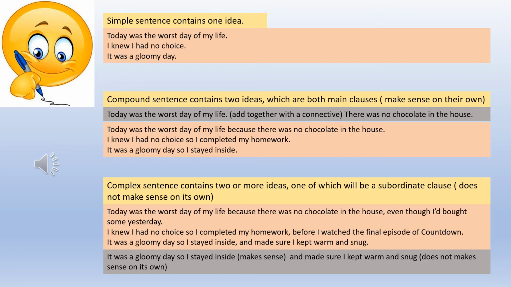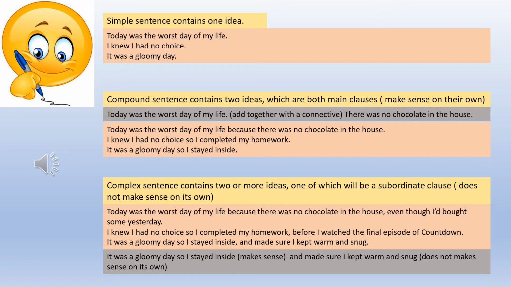But we create a compound sentence by putting a connective in the middle of it to join those two ideas together. So again, I've given you 3 examples, but in the grey box, I've shown you that the 2 sections of my first example, today was the worst day of my life because there was no chocolate in the house, is made up of 2 main clauses.